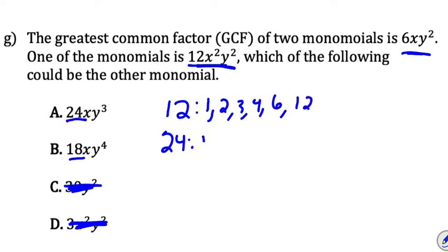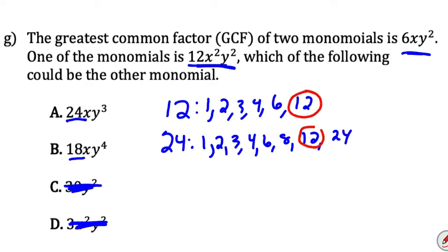Now the problem with 24 is in my list for 24: 1, 2, 3, 4, 6, 8, 12, and 24. You can see that 12 would be our GCF here because that would be the largest common number. That's a problem because our number should be 6. So 24 would be out, which means A is not correct, and our correct answer has to be B.